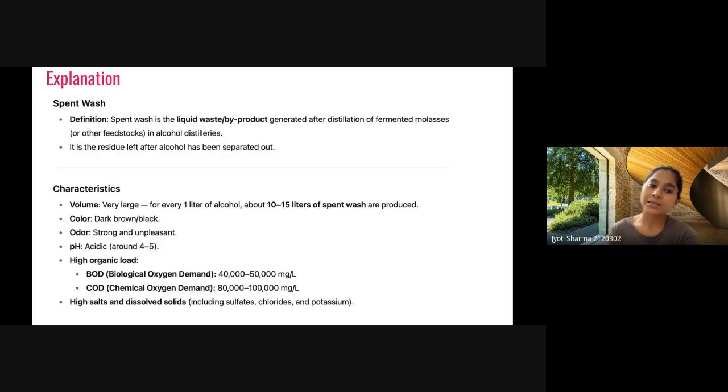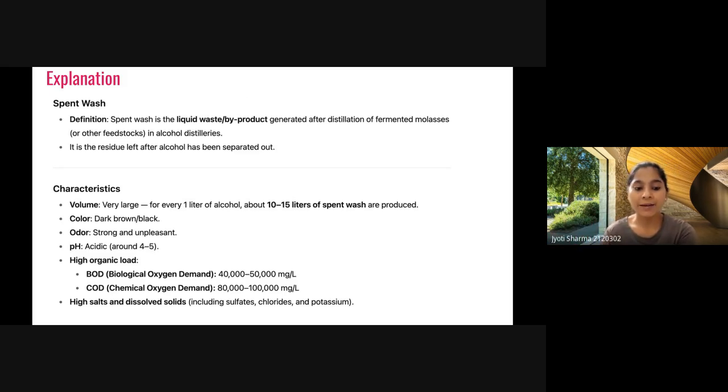Again, just see what we mean by spent wash. This is liquid waste, or you can say byproduct, that will be generated after distillation of fermented molasses, and this is a kind of residue that will be left after alcohol has been separated out. And just see the BOD and COD value. Very high organic loading, near 40,000 to 50,000 mg per liter, right?